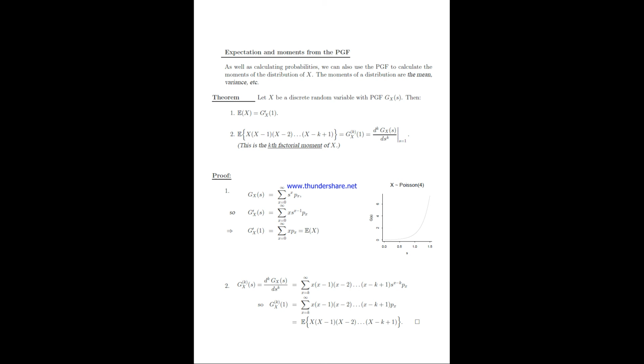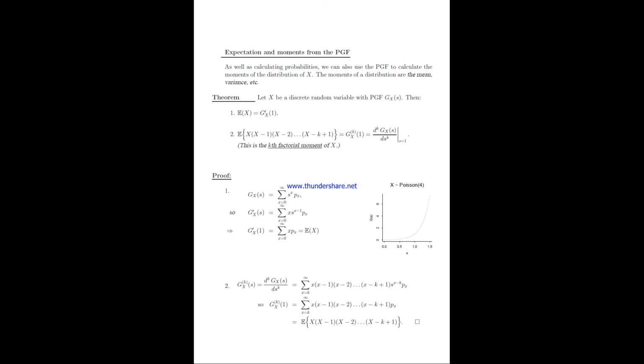In other words, we take each possible value of x and multiply it with the respective probability. That is how we find the expected value of x. So if we want the expected value of x for a given random variable, we take the probability generating function, take its first derivative, and substitute 1; then we end up with the expected value.